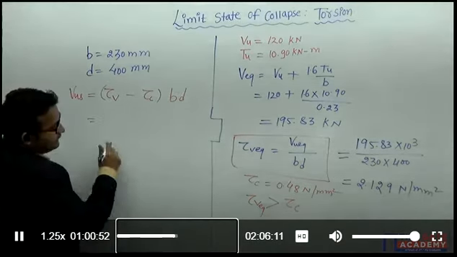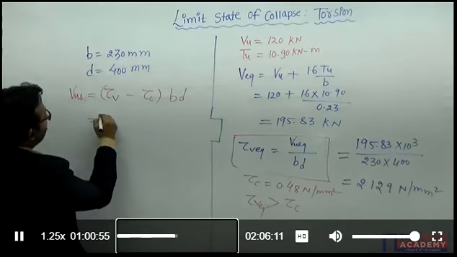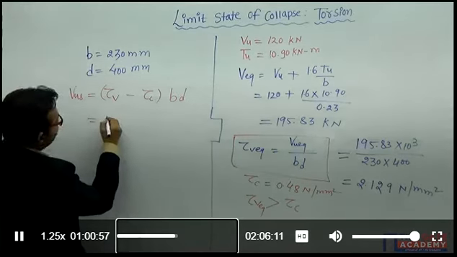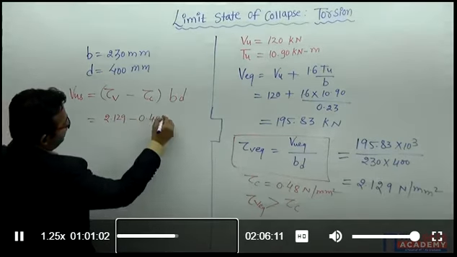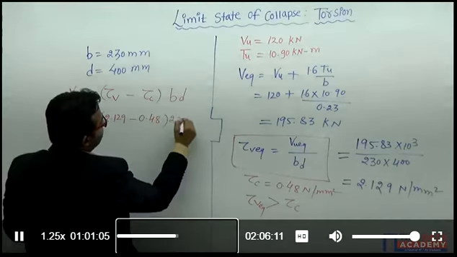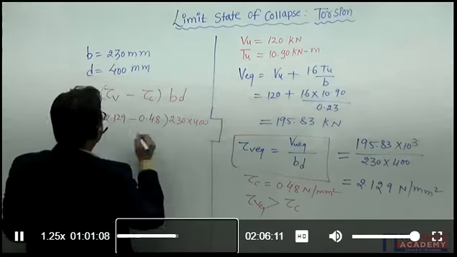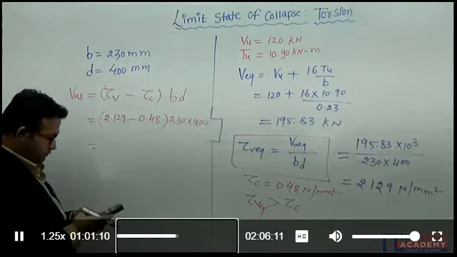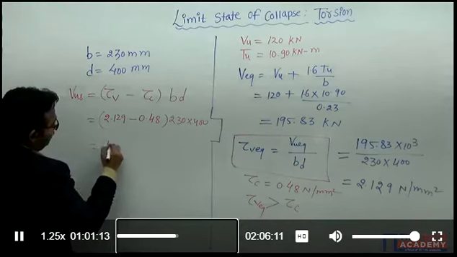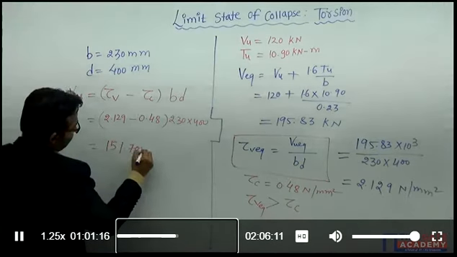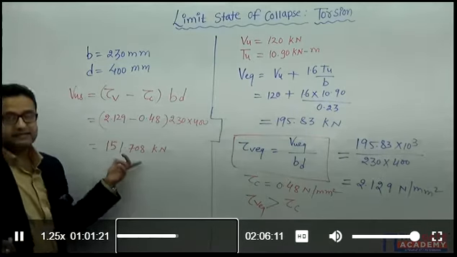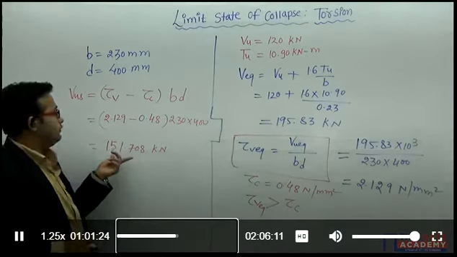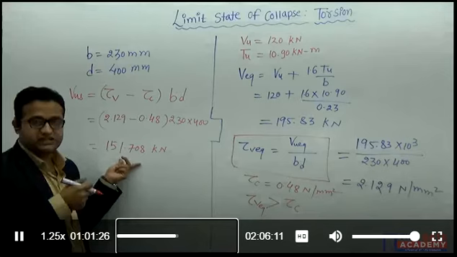So here I can write tau V value I know is 2.129 minus tau C they have given me 0.48. b I know that is 230 and d is 400. If I calculate, I am getting the value 151.708 kilonewton. For this particular value, I need to design my shear stirrups.